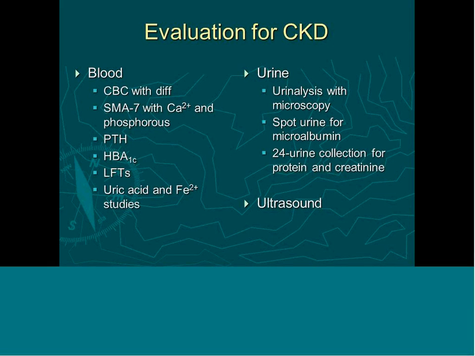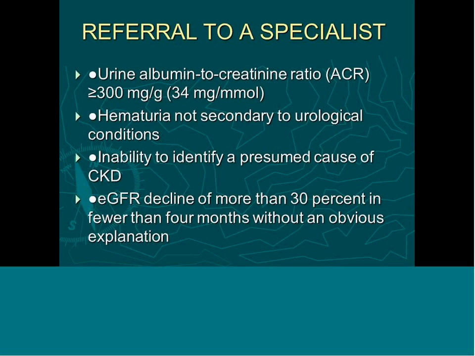Briefly, what are the reasons for a patient to be referred to a nephrologist? If the ratio of albumin to creatinine is more than 300 milligrams per gram, this is significant proteinuria.